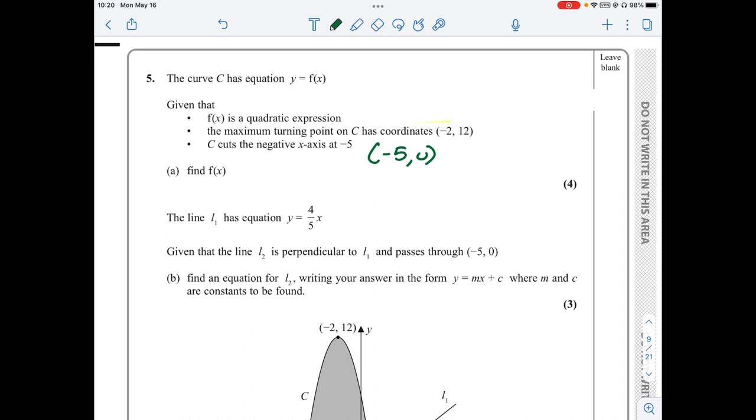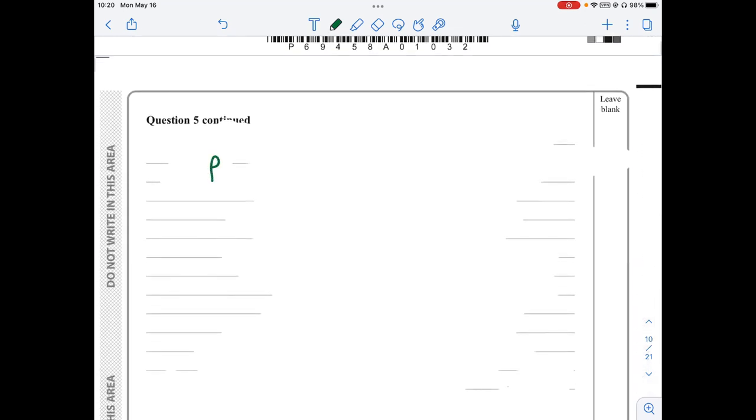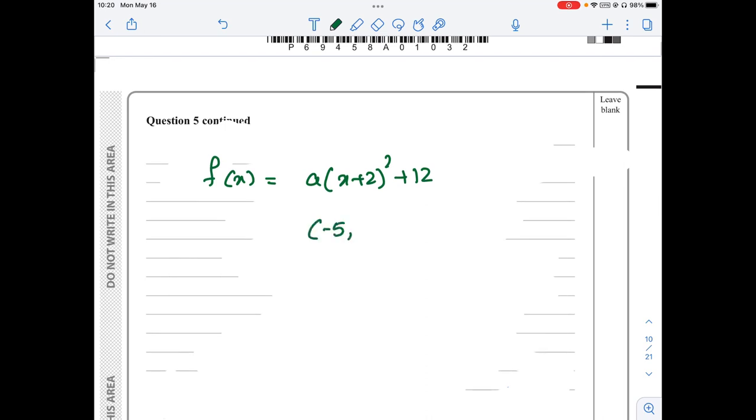So I have to find f of x. And he says that it has a maximum turning point at minus 2 comma 12. So it is a quadratic one. Any quadratic with a turning point negative 2 comma 12 should be in this way: a times x plus 2 whole square plus 12. But it passes through minus 5 comma 0.